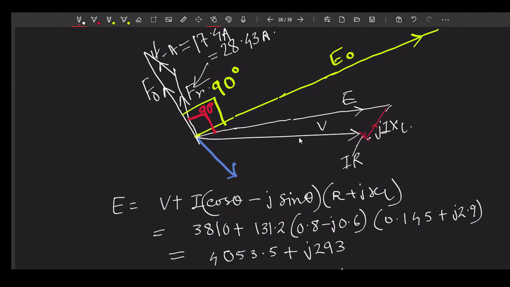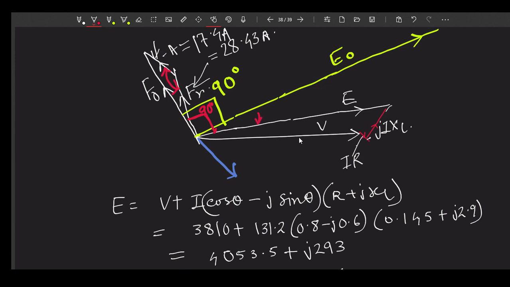Now what we need is to figure out this angle, the angle between FR and A. How can we find it? We already know that it is 90.